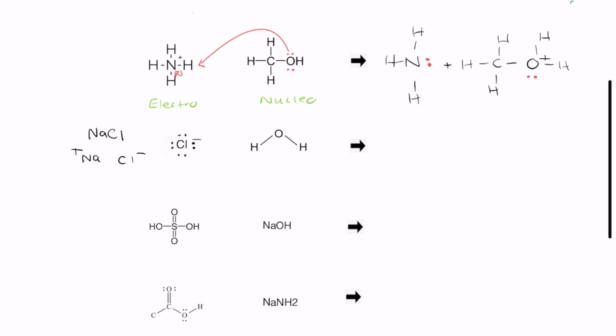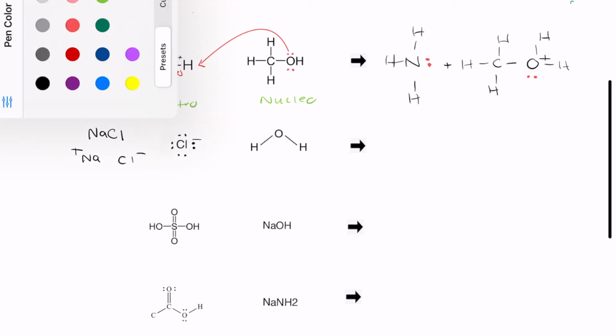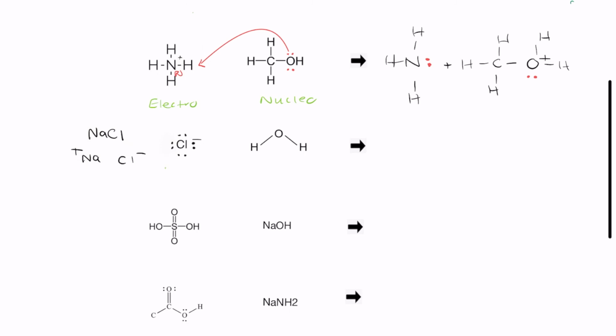So now you have chloride, and now you can recognize that chloride is actually going to be a nucleophile. Therefore, that's going to make water act as an electrophile. So because water is acting with a base, it's going to act like an acid.